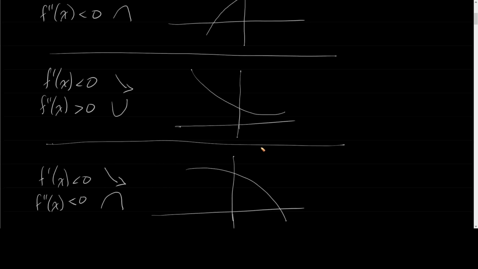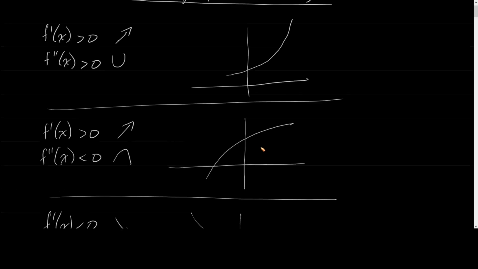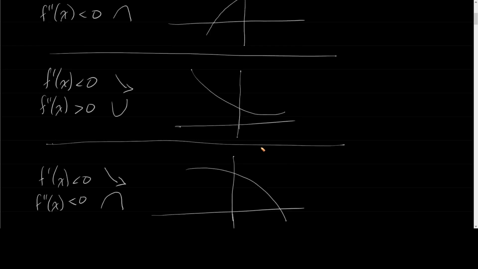All the other stuff is just finding points, finding derivatives, and things like that. That's super important too. But when it comes to actually sketching and already having all the information, you always want to keep in mind what that curve would look like in that region. All right.